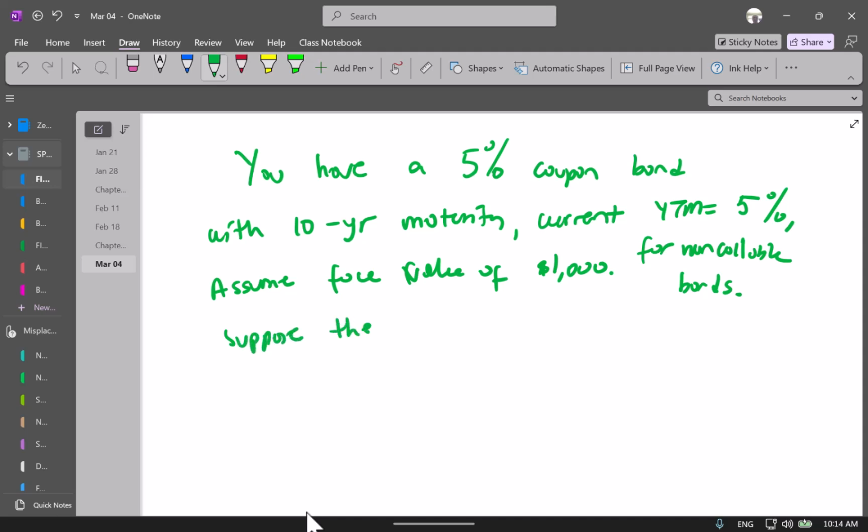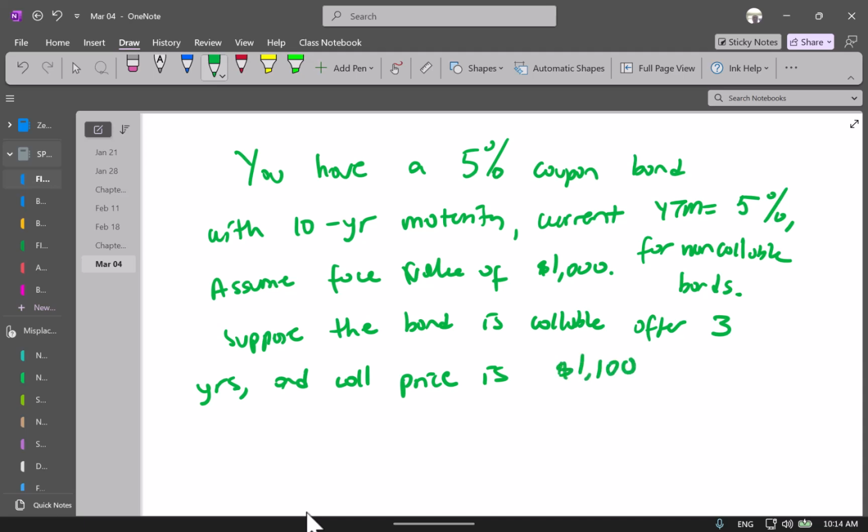Suppose the bond is callable after 3 years, and call price is 1,100. So there is the 10% call premium, right?